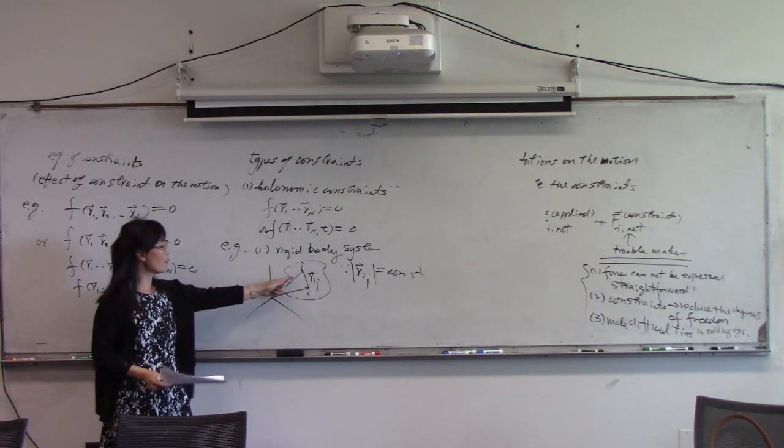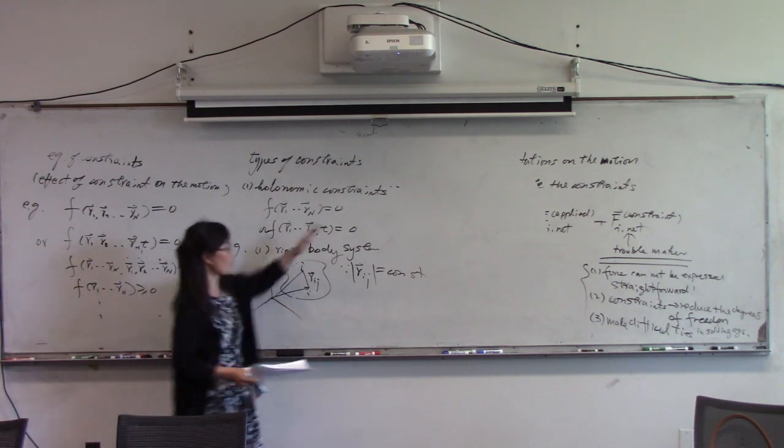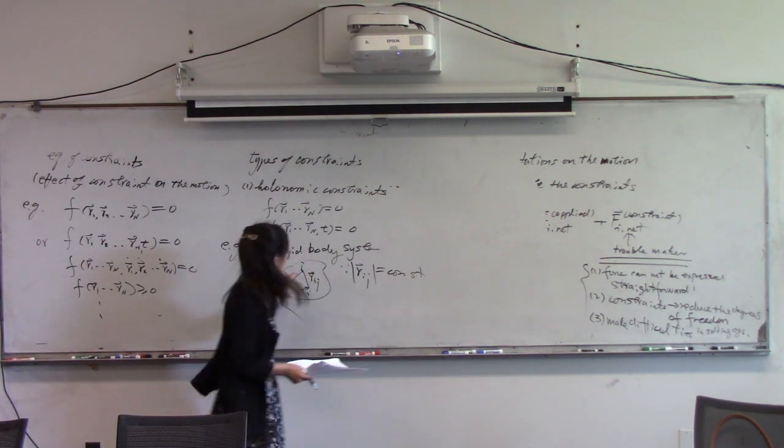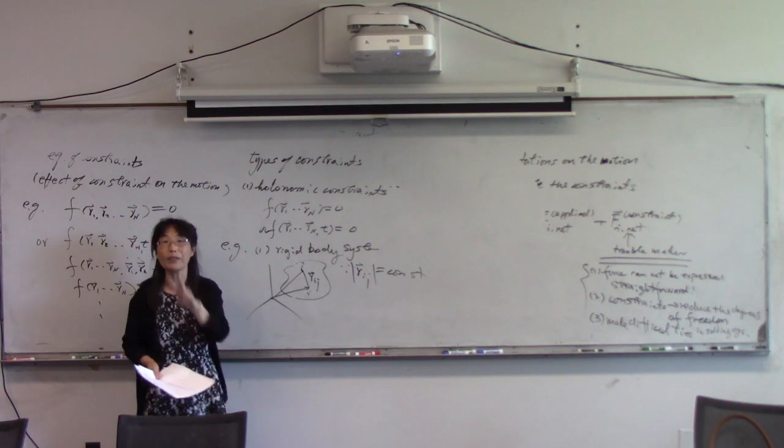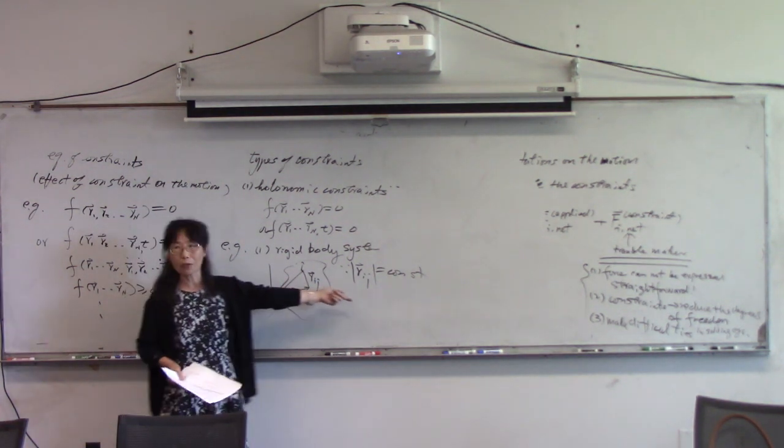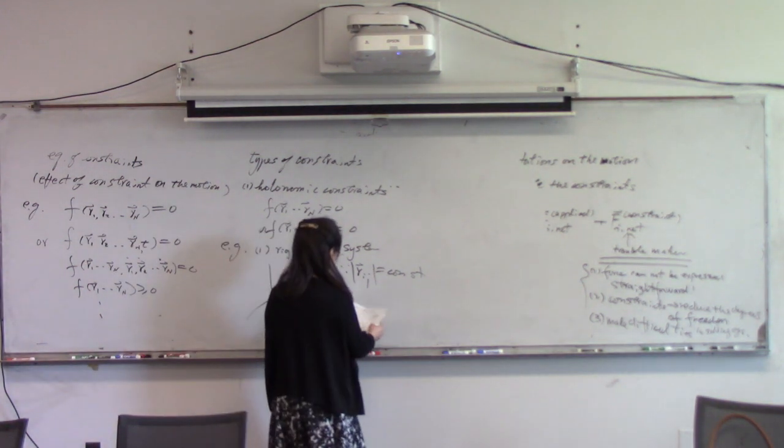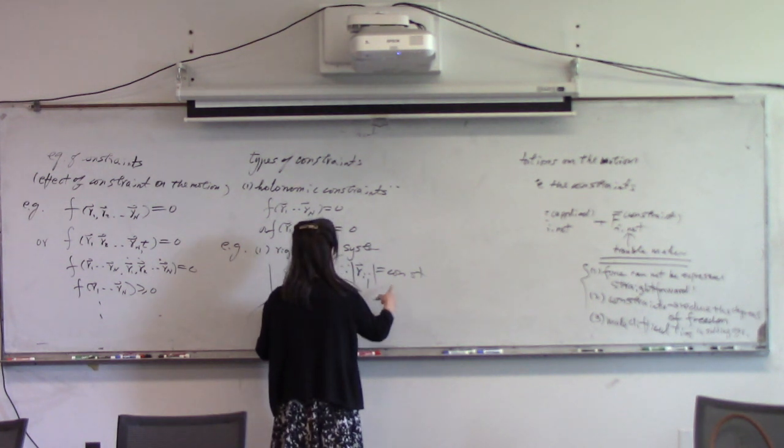Whatever the system does, the relative position between the ith particle and jth particle is always fixed. That is rigid. So I can write it this way. It is fixed, constant, right?